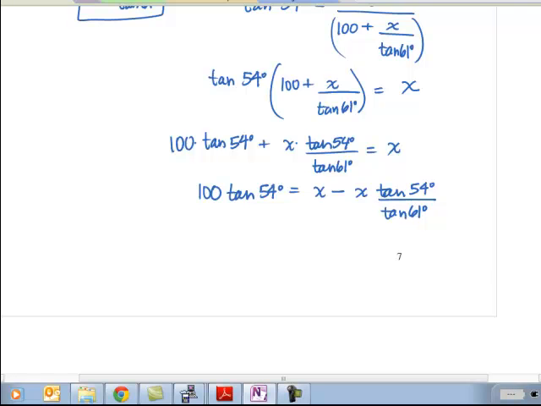Then if we're trying to solve for x, we'd want to factor that x out. So we'd have 1 minus tangent 54 degrees over tangent of 61 degrees. And we're almost there. We could divide both sides by 1 minus tangent of 54 over tangent of 61. Let's get an approximation for that.